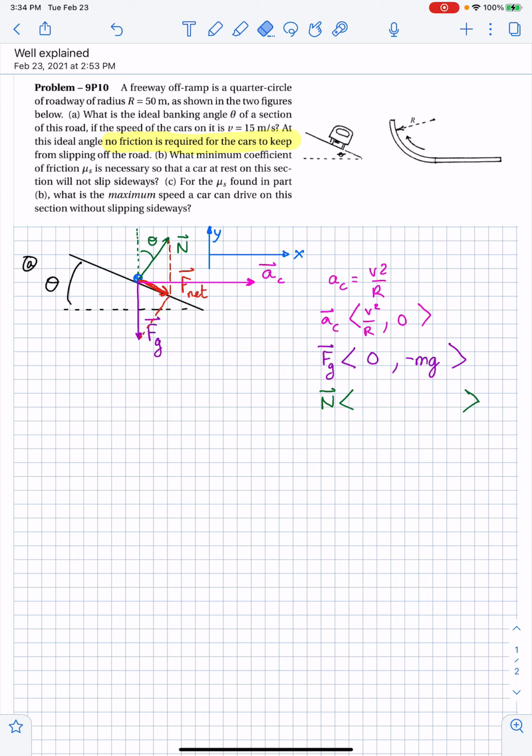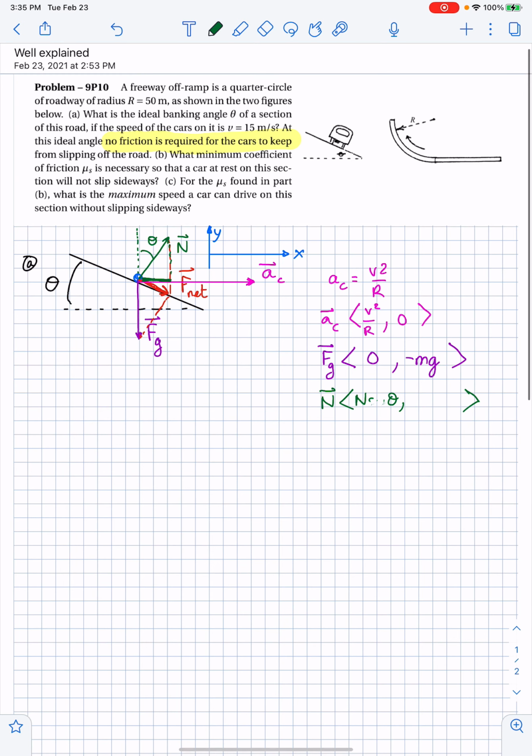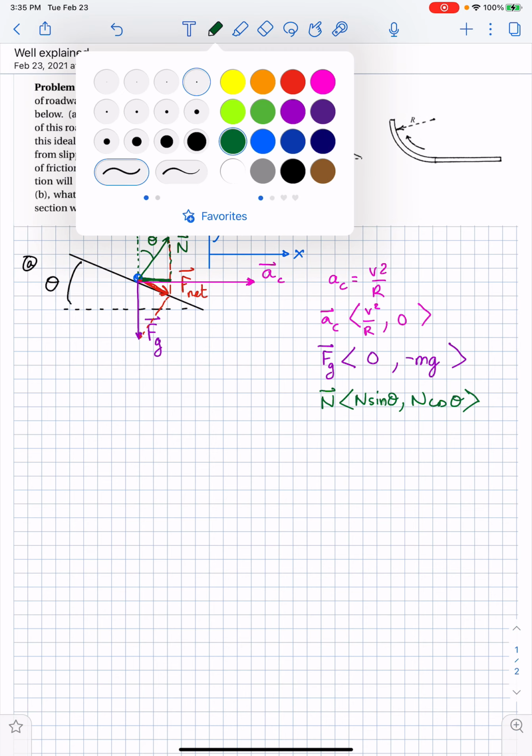Which means that in the x direction, we are going to have n times cosine theta. And in the y direction, we're going to have, no, my apologies here, it's not going to be a sine in the x direction, because when I project this right here, that's going to be the sine of the angle theta. That's going to be n sine theta, and it's going to be n cosine theta right here.